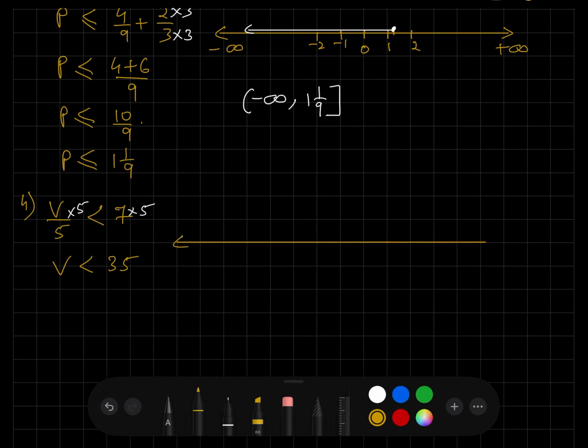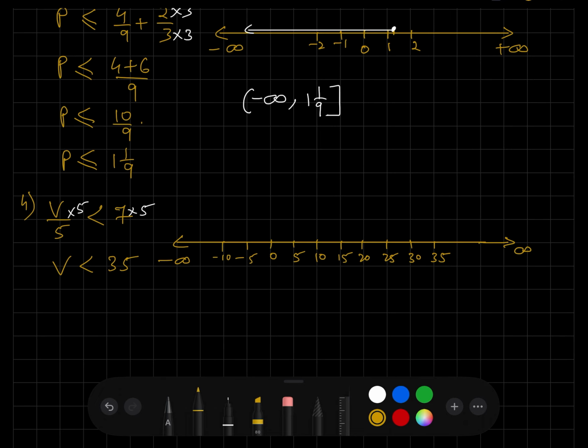Let us write negative infinity here and positive infinity here, and 0, then 5, 10, and here -5, -10, 15, 20, 25, 30, 35, and here it is 35.